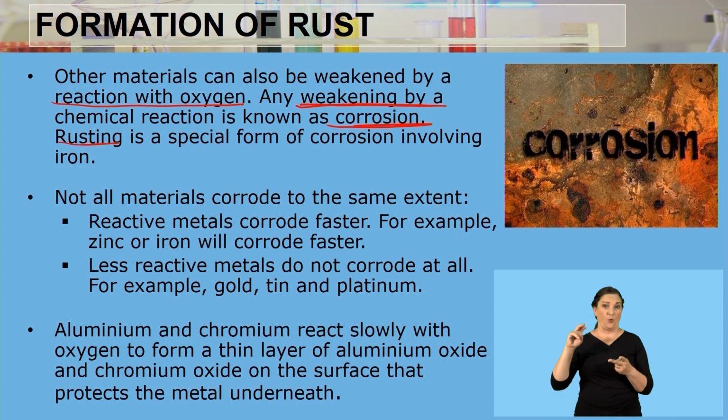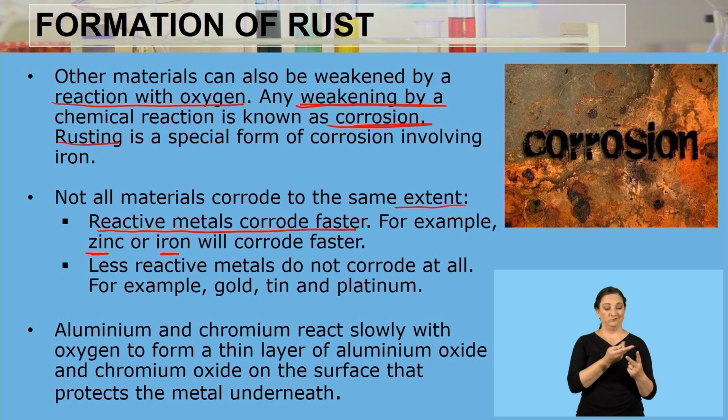So not all materials corrode to the same extent. We know that rusting occurs in most metals, but not all of them corrode to the same extent. For instance, the reactive metals corrode faster. Which reactive metals are we referring to? We are referring to zinc and iron.